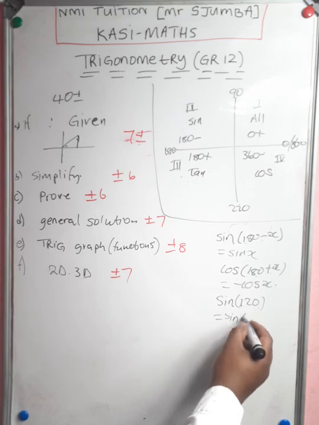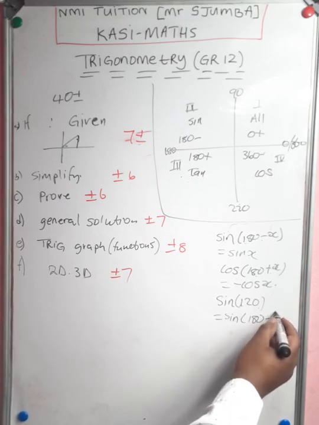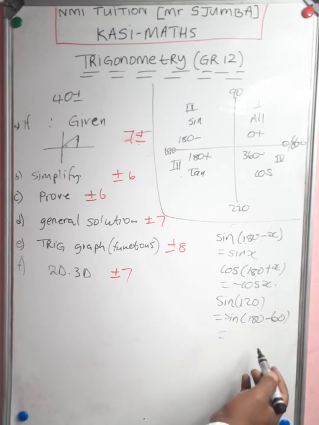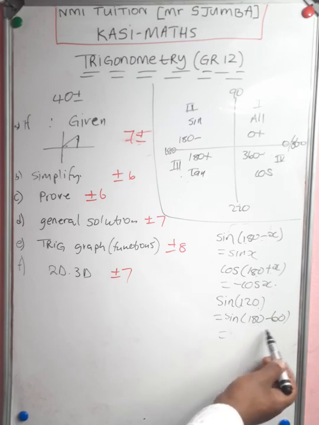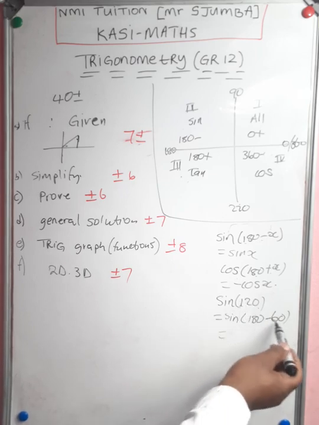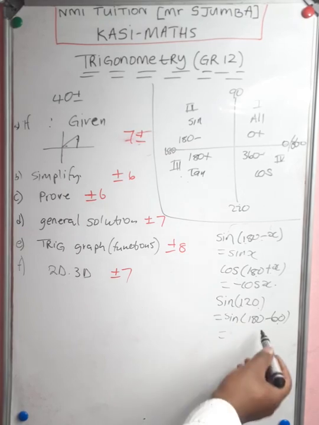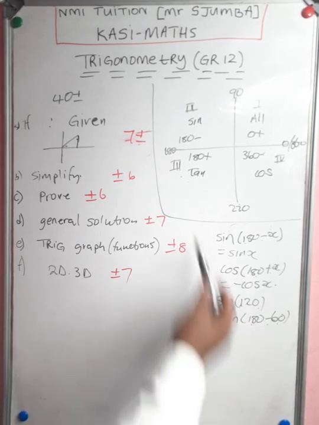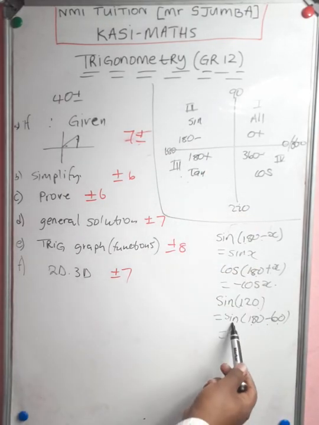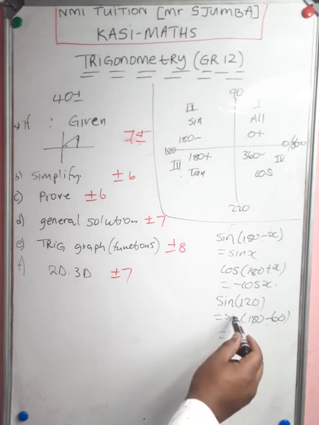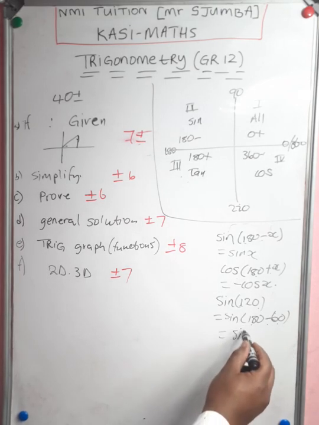So now we have sine (180 minus 60). Make sure the number you subtract from 180 gives 120. Then 180 minus is quadrant 2, and sine is positive in quadrant 2, so write sine 60.